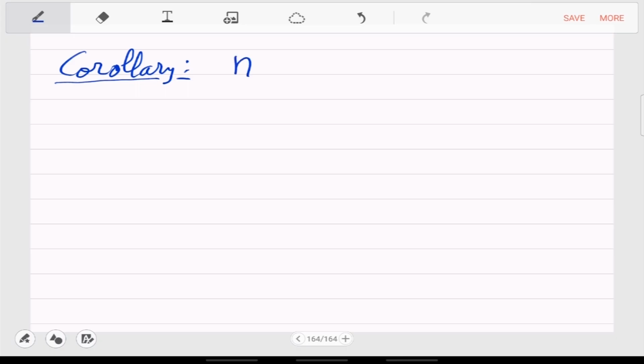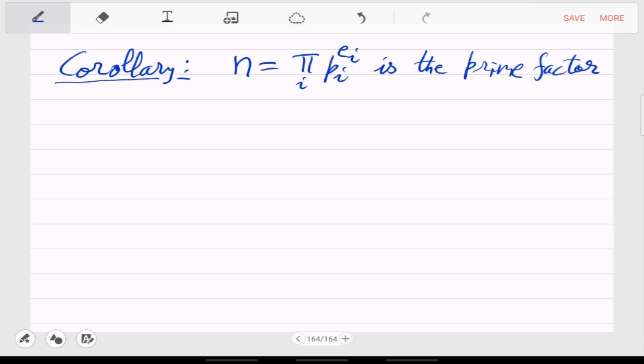So suppose n factors as this, the prime factorization. Then what do you learn about phi n? It's multiplicative, right? So phi will go inside.